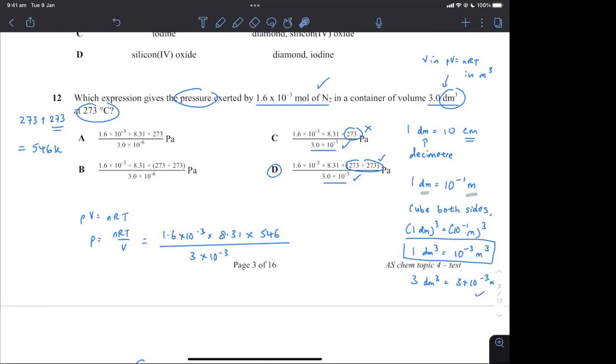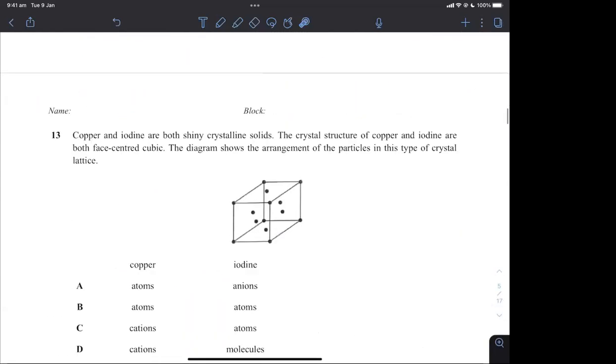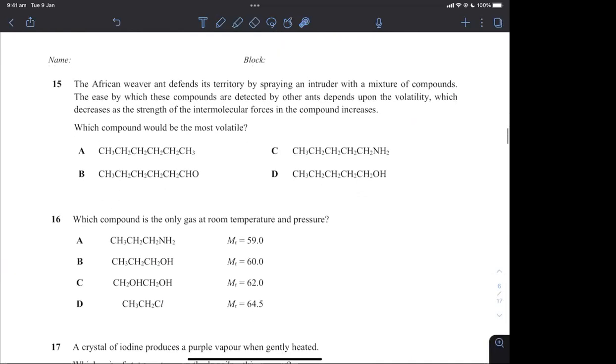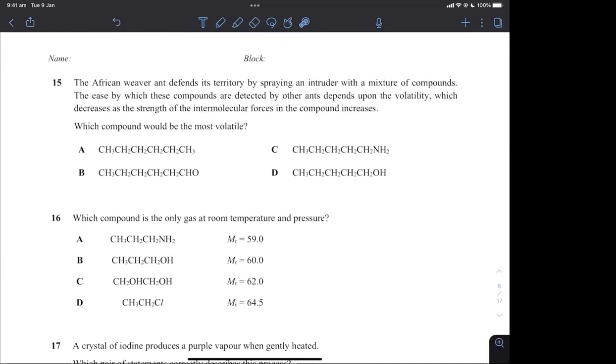15. 15, okay. The idea is most volatile. Now, volatile is an English word. If I describe someone as very volatile, the husband is very volatile, the husband gets angry easily.